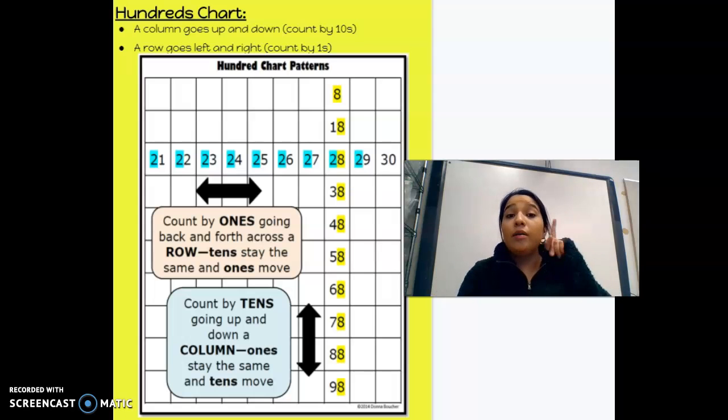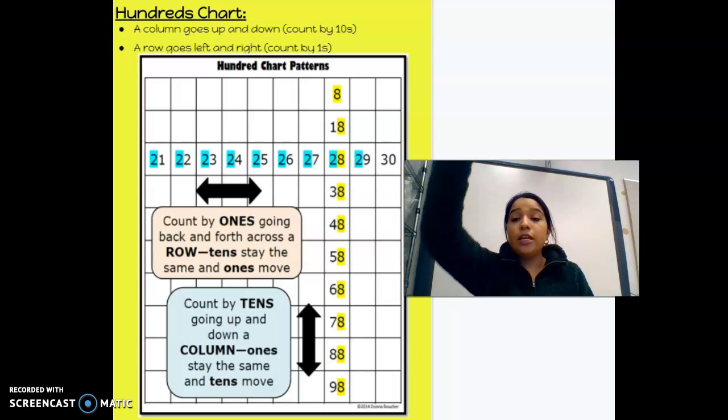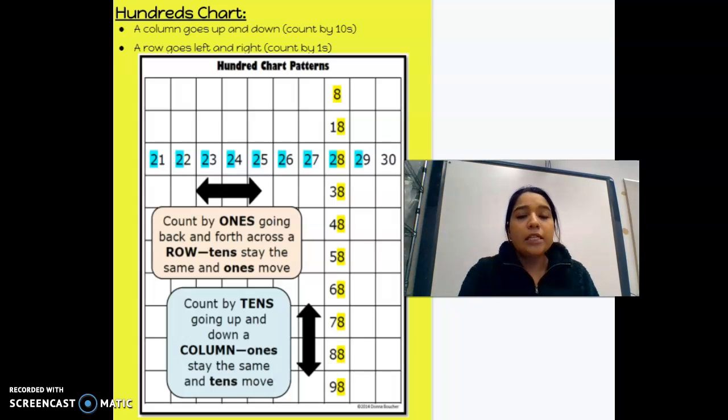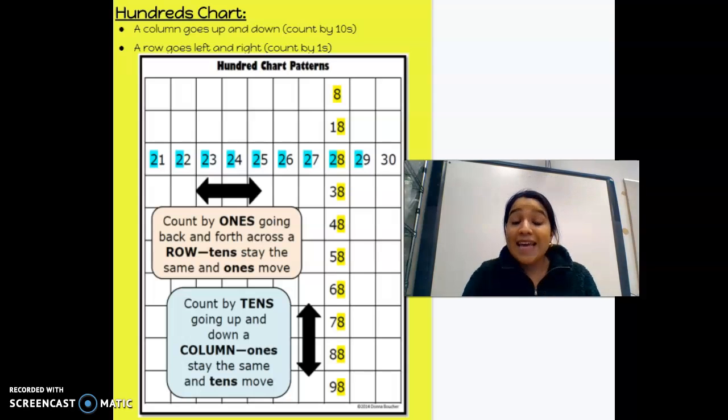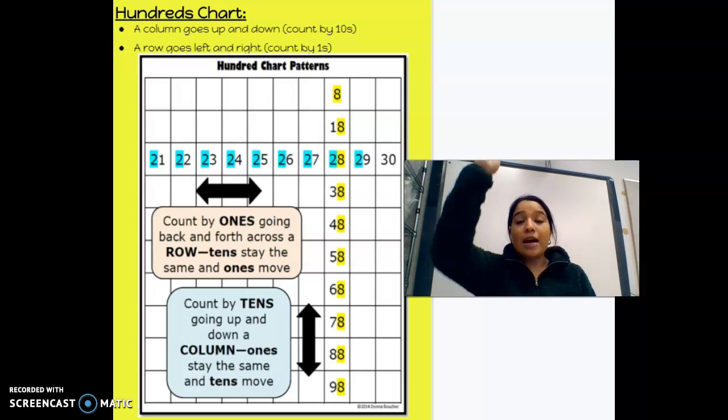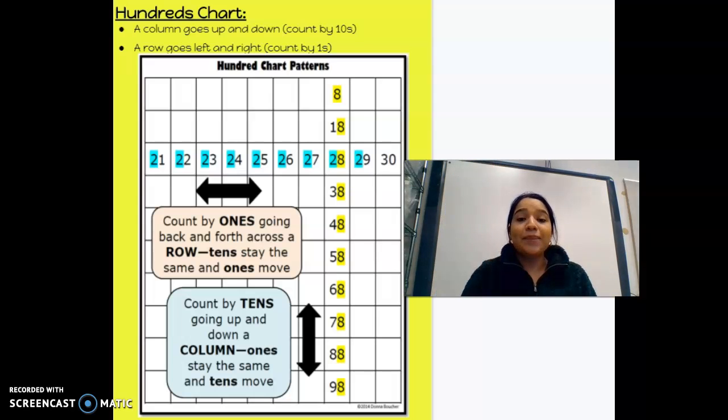And also one more important thing, when we are counting by tens and we are counting in our column, what place value does not change? It stays the same. Is it the tens place or the ones place? Yes, the ones place stays the same when we're going up and down and we're counting by tens.